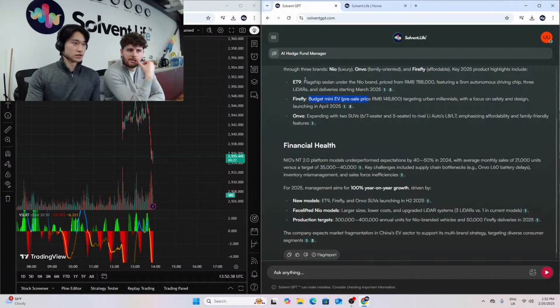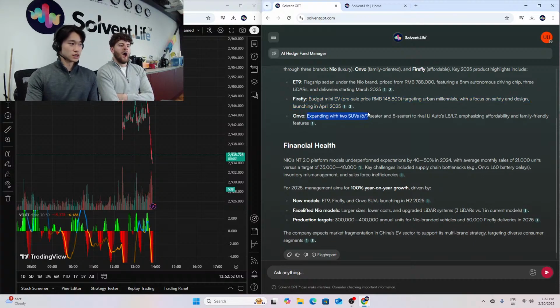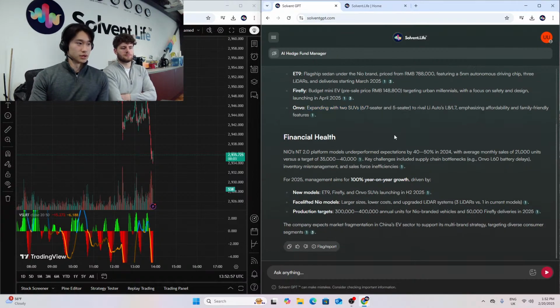I'm guessing these E29s are going to be like the equivalent of the robo-taxis. Budget mini EVs targeting urban millennials with a focus on safety and design. Very interesting. Onvo expanding with 2 SUVs, 5-seaters, emphasizing affordability. Financial health.